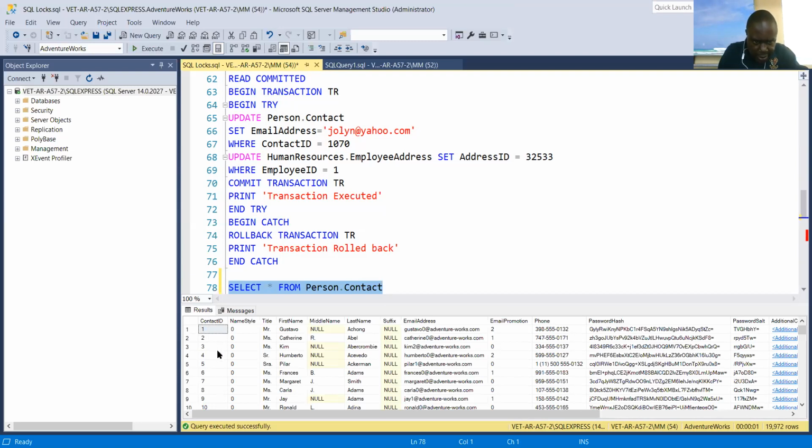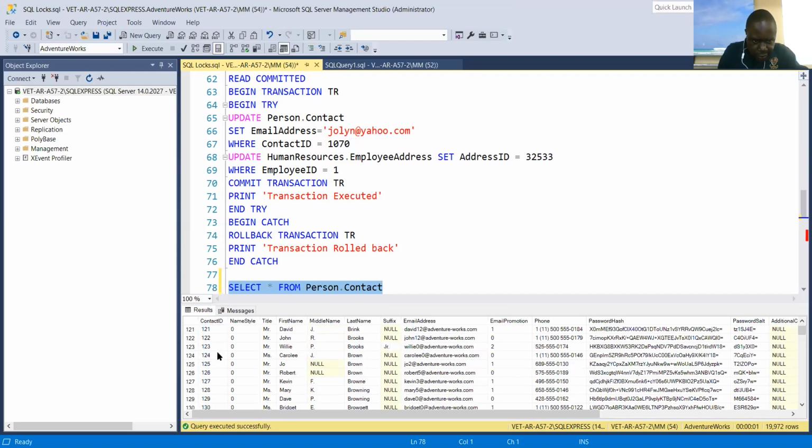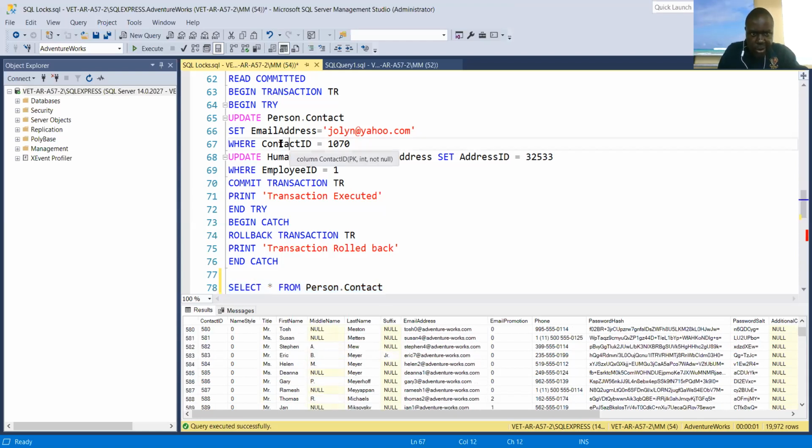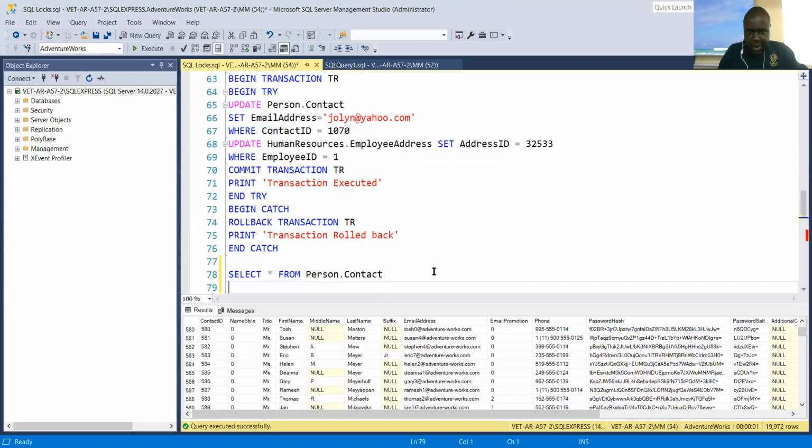So let me put this as a condition so that you can check out this contact is there.